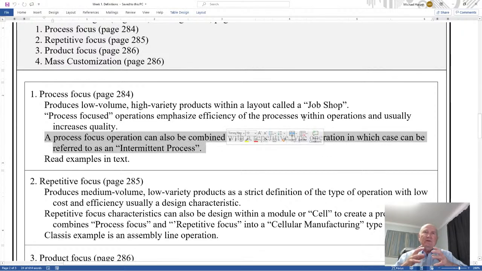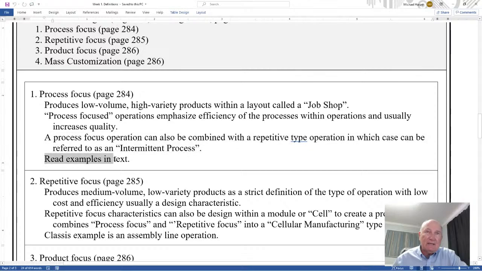In other words, you can have a process focus within a product focus. For example, you bring the cars into the mechanic, and all of a sudden it's repetitive. Once it's there, the operation is repetitive, but then you stop, and it's intermittent, then another car or truck or another vehicle comes in. Read different examples in the text.